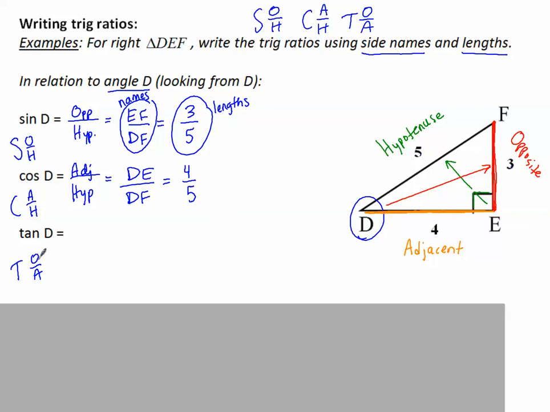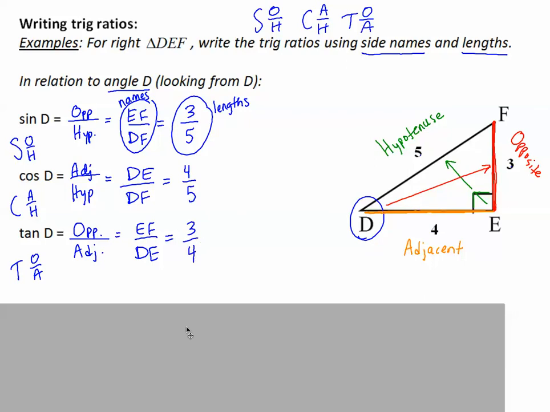Let's do tangent. TOA. So that's opposite over adjacent. Opposite says this side, EF, and adjacent says this side, DE. That's the ratio of the sides looking from angle D. The numbers are 3 and 4, 3 over 4.